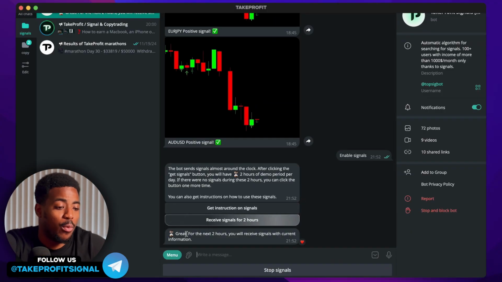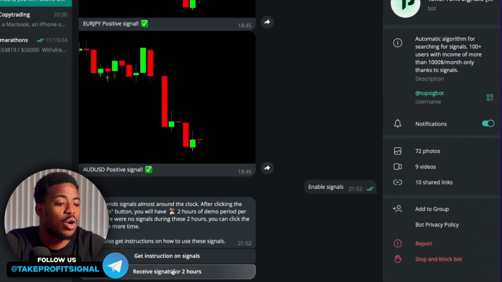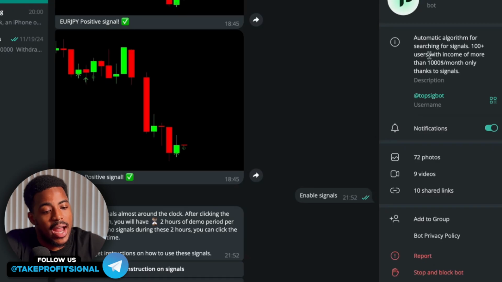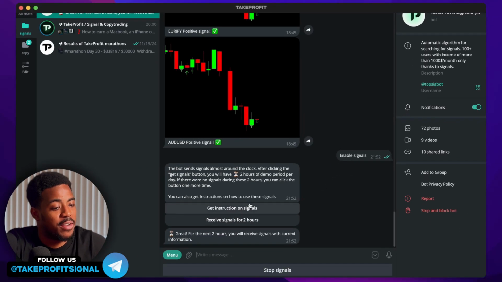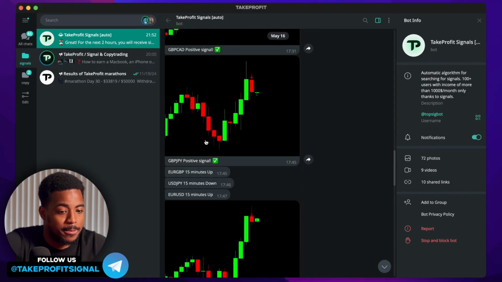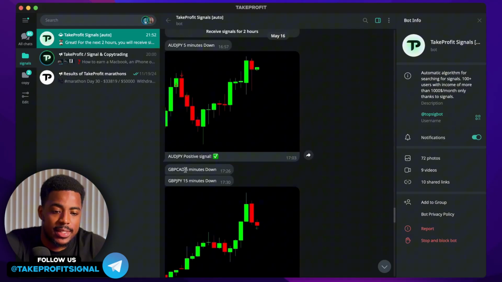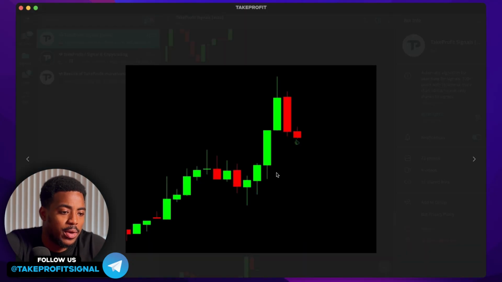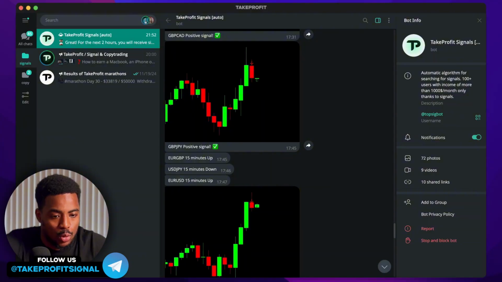Respectively, if within the next 2 hours on the market will be conditions that correspond to this trading advisor, the robot will send us a signal that looks like this, or there are signals for 5 minutes, and this is how the results of signals look like.